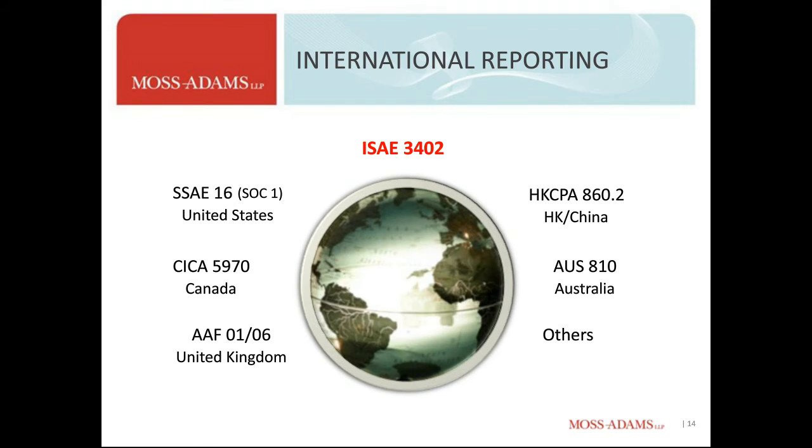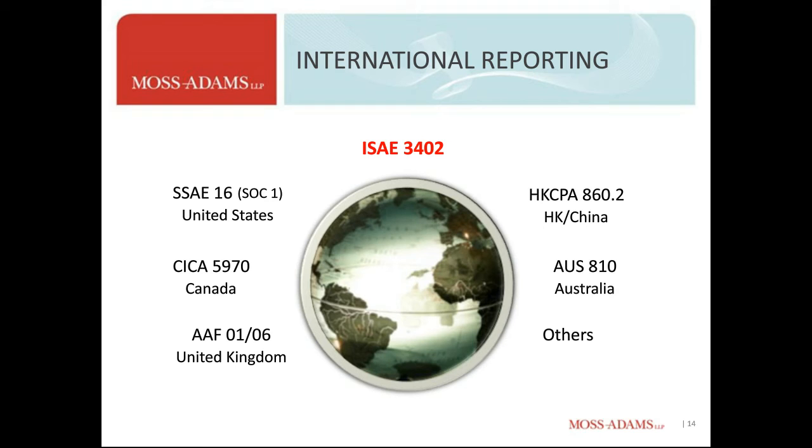And just to throw some additional terminology into the mix, if we haven't done enough already, there are international reporting standards. So the SSAE 16, also known as the SOC 1, is what's used in the United States, but there are similar standards used throughout the world that each have their own designation. Canada has their own, the United Kingdom, Australia.